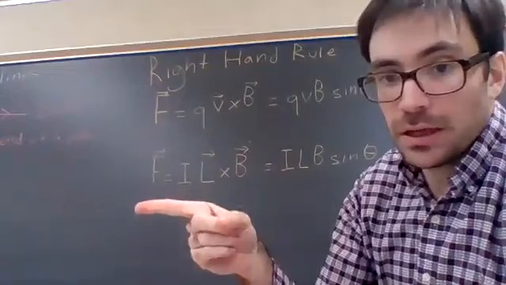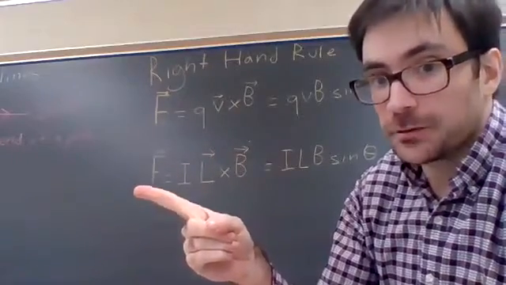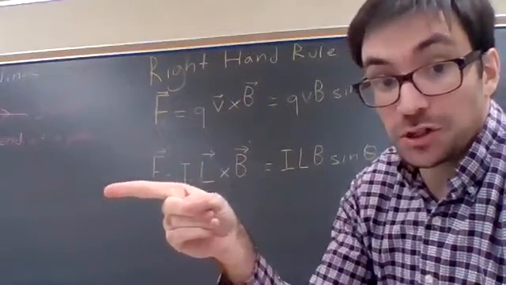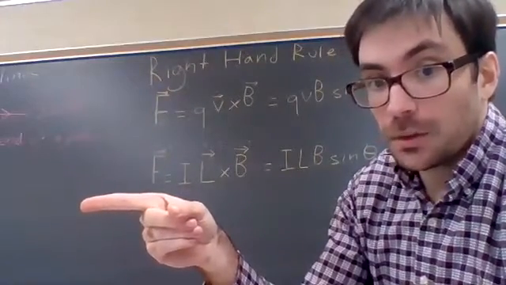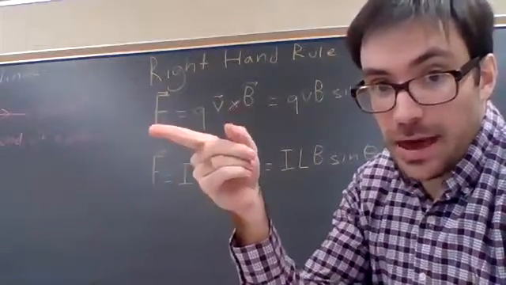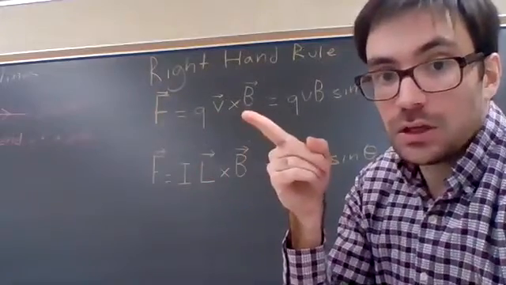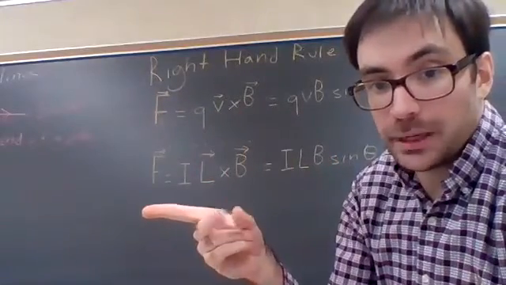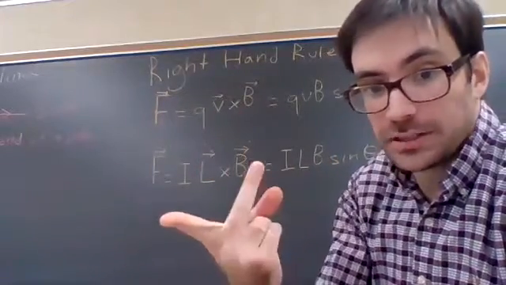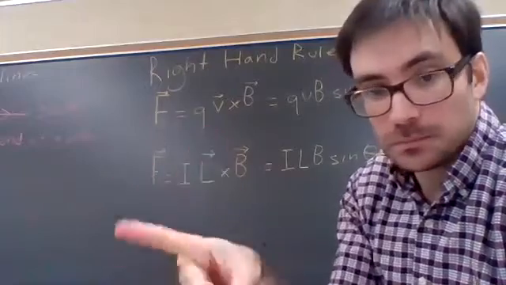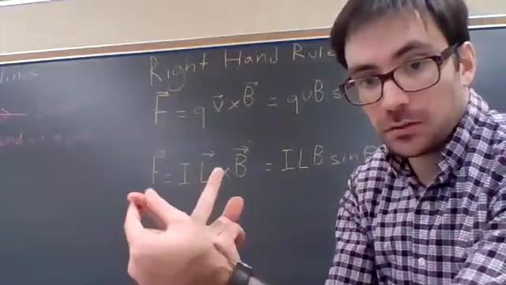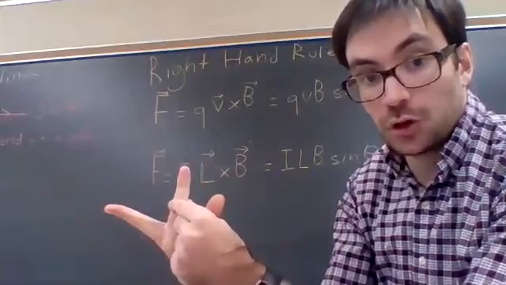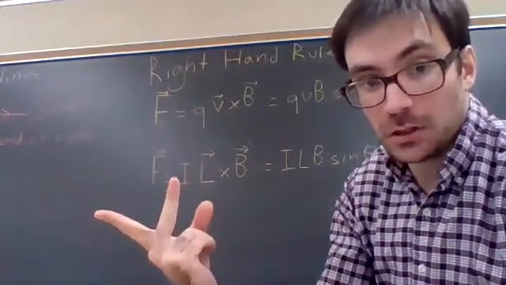So QV, that's the velocity, and you use your index finger. So this represents the direction of the charge. The charge is moving this way. Now, next you need to put in that B value here. So for B, you represent that with your middle finger, and it sticks out at right angles as such.